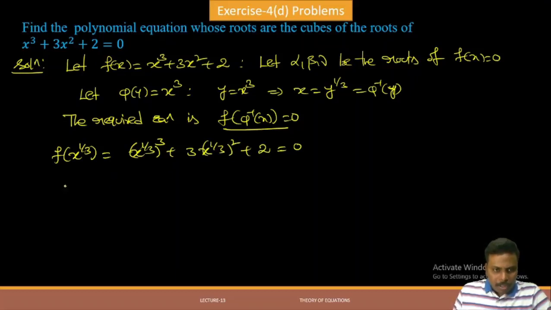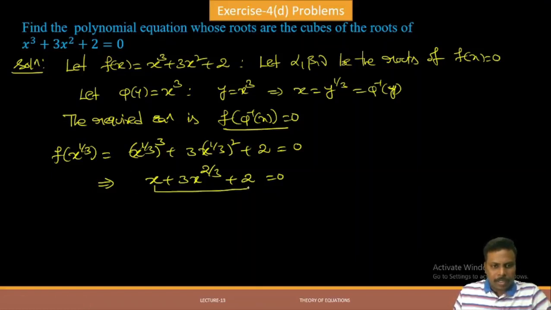So this is x plus 3 into x to the power 2 by 3 plus 2 is equal to 0. But we want the same cubic equation, but the degree of this equation is only 1. We cannot even say it is 1 because you have a rational power for x.